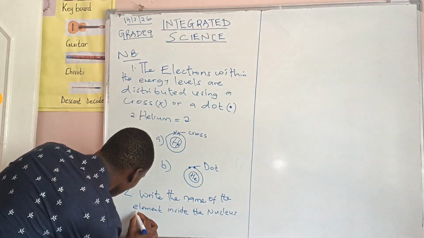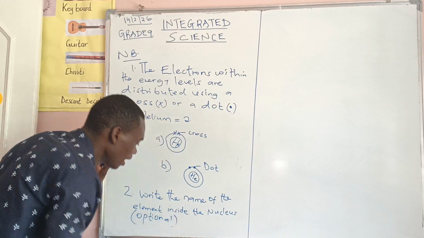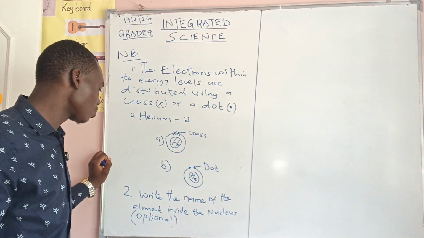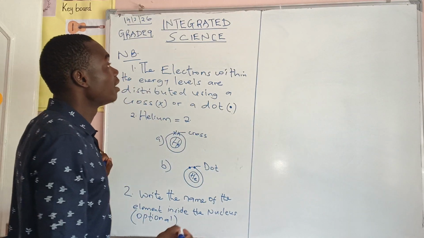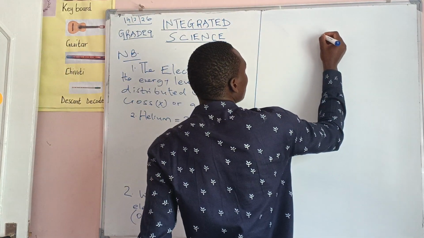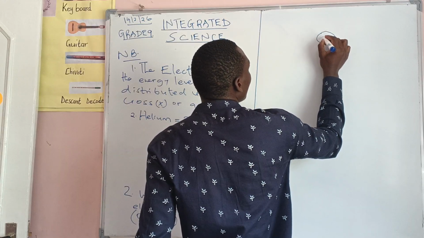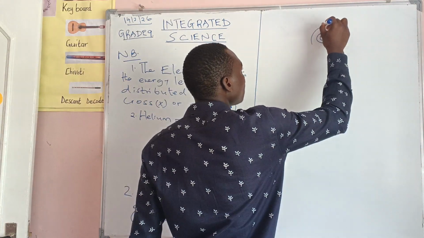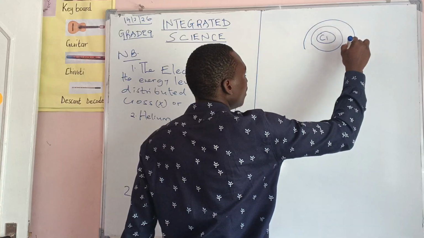This is optional. But for you to be seen as a good scientist, or a bright student, it is advisable, after drawing the nucleus, to write the name of the element, if it is chlorine, and then proceed by drawing the first energy level, the second energy level.